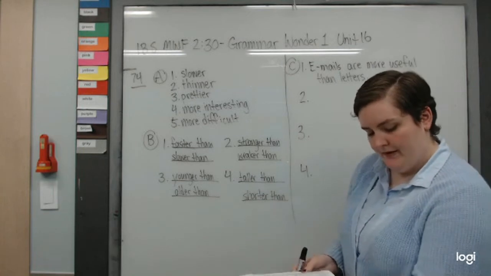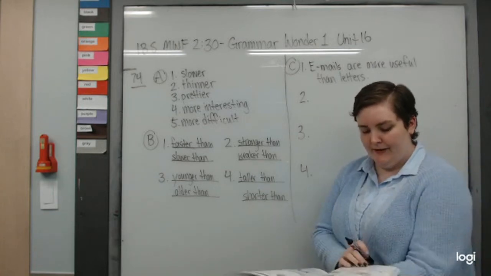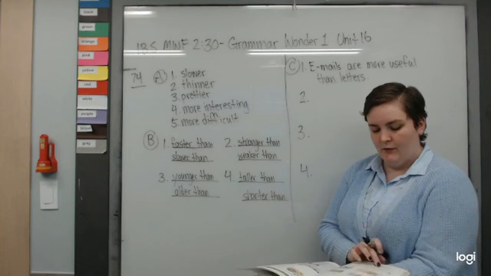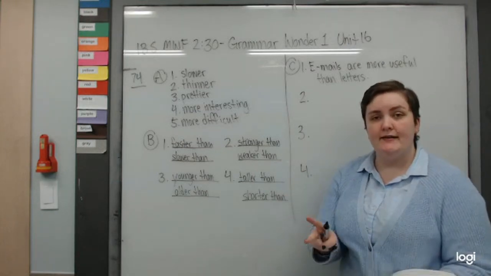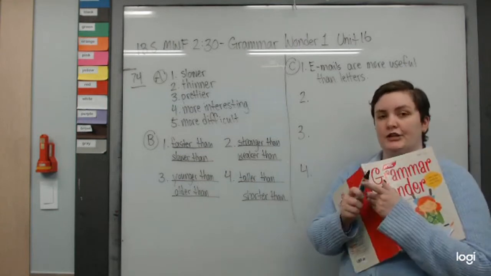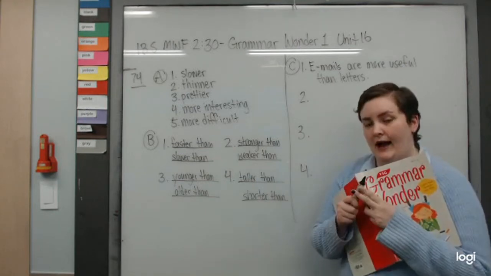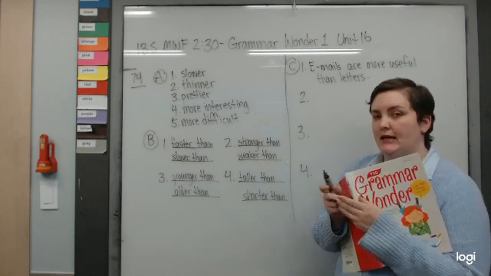Number 2, an elephant is bigger than a lion. What's wrong with bigger? Well, we need 2 G's because bigger is G consonant, I vowel, G consonant.